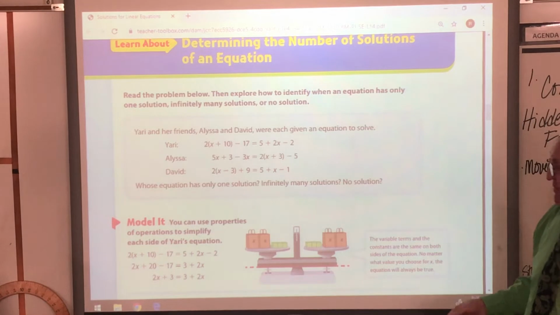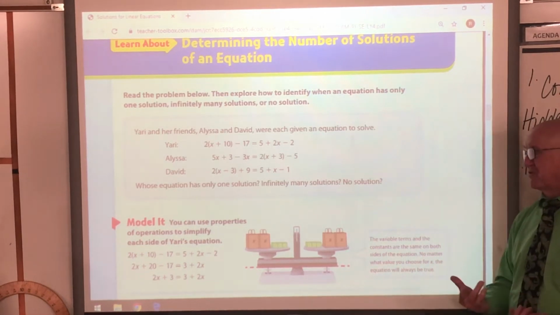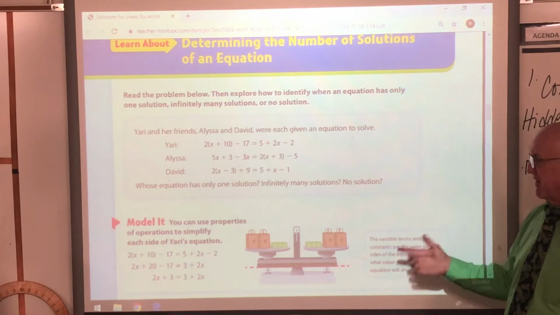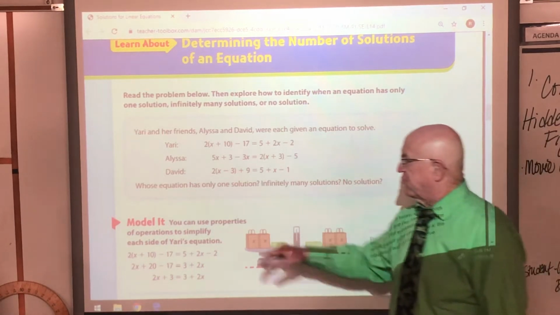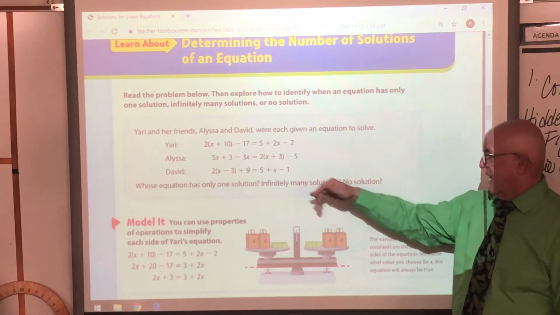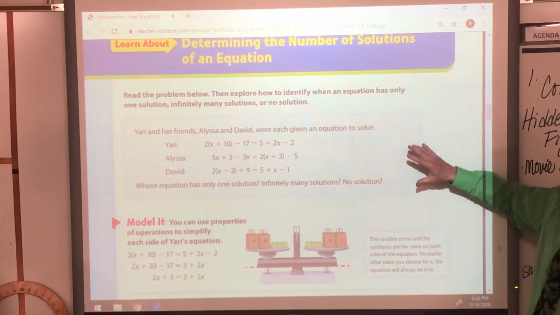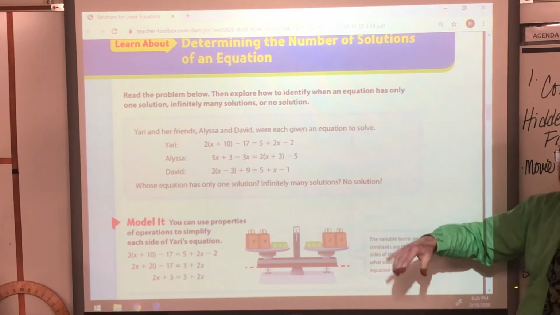And David is given an equation of 2 times the quantity x minus 3, plus 9, is equal to 5 plus x minus 1. Whose equation has only one solution? Whose has infinitely many solutions, and whose has no solution? We're going to go through and look at each one of these to determine that.